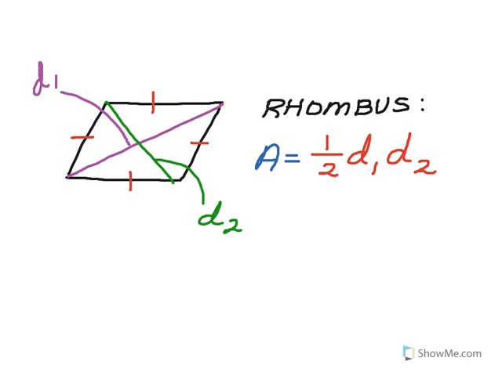It's beyond the scope of this lesson. But basically, we can find the area of each of these little right triangles inside the rhombus, and we would be able to derive that it's equal to 1/2 times the product of the 2 diagonals to get the total area of a rhombus.